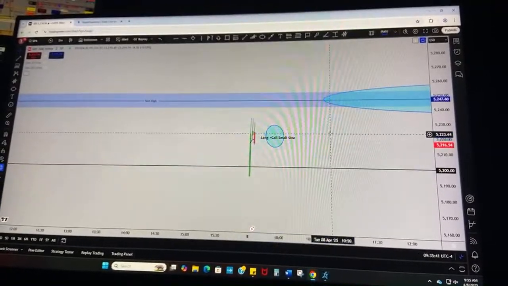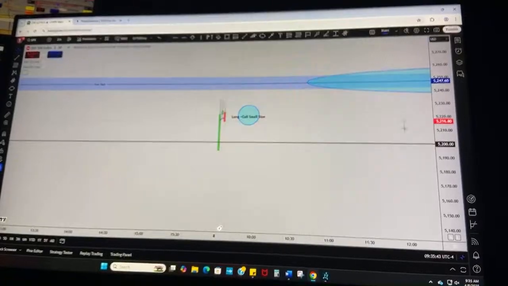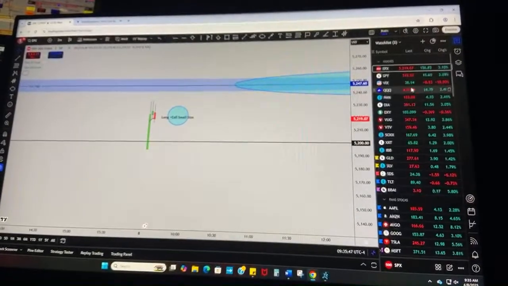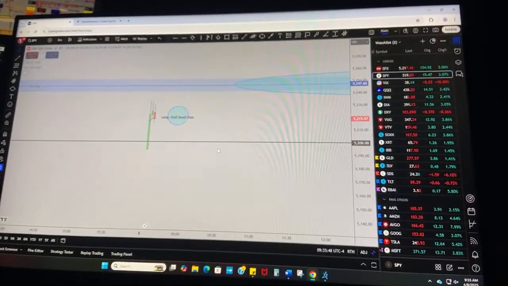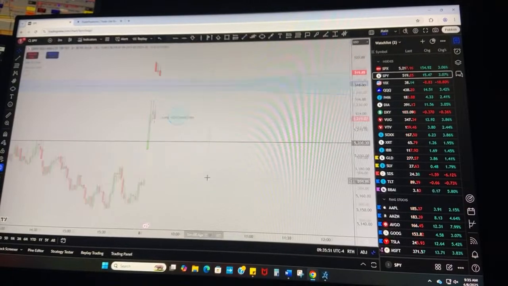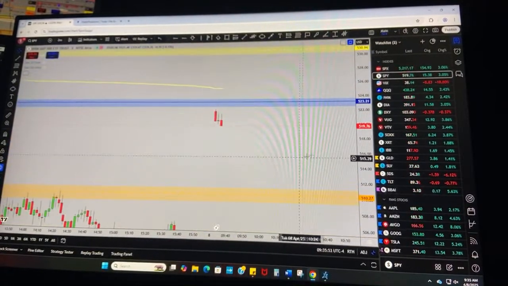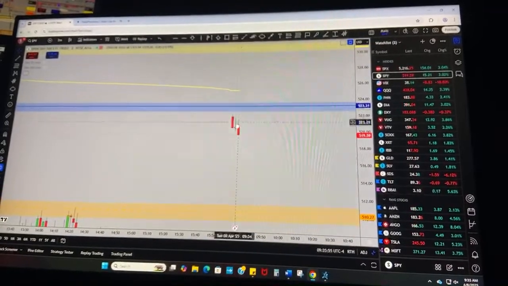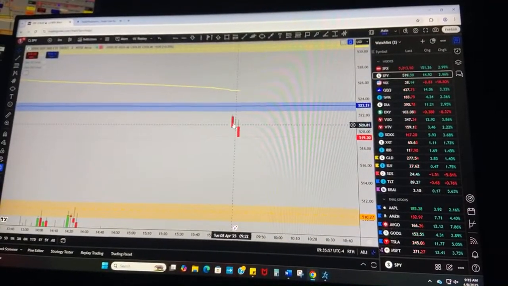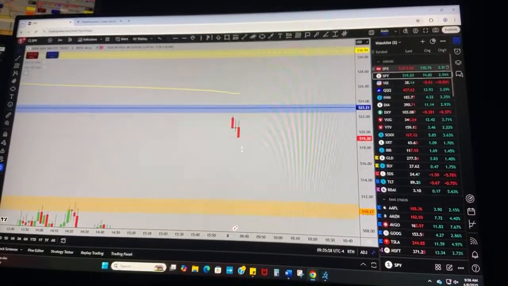All right. If we snap below opening print, okay, I took that in SPYs. All right. So if we snap below opening print on SPX, I just cut that.